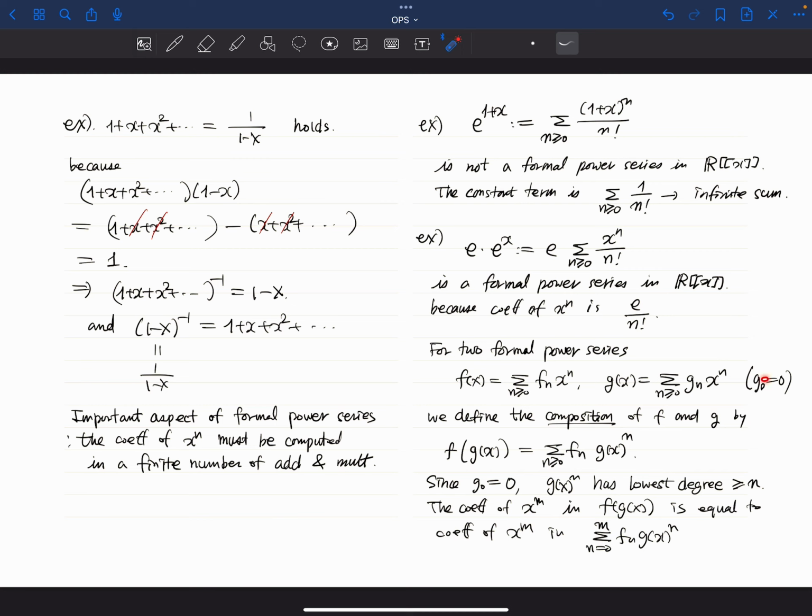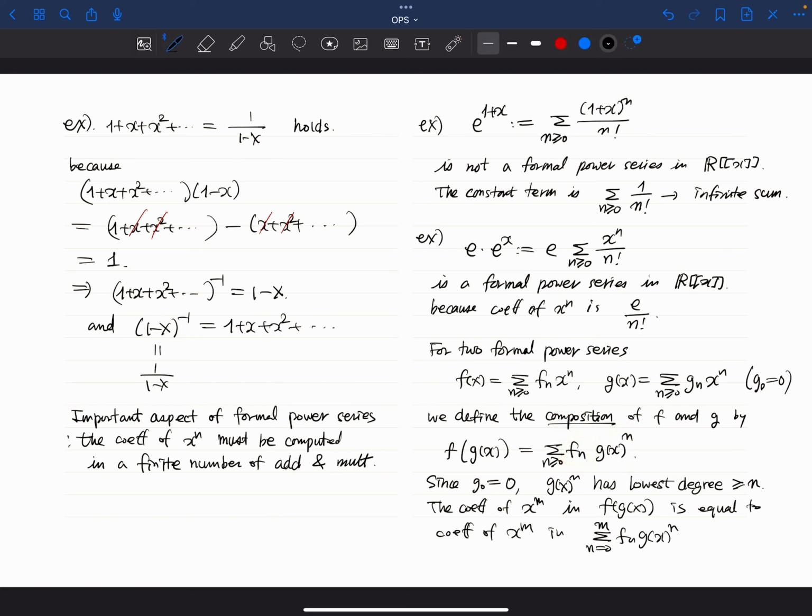But if g0 is non-zero, then the coefficient of x to the m cannot be computed in a finite number of computations, because everything here has a constant term surviving. So you have to look at the coefficient of x to the m here.